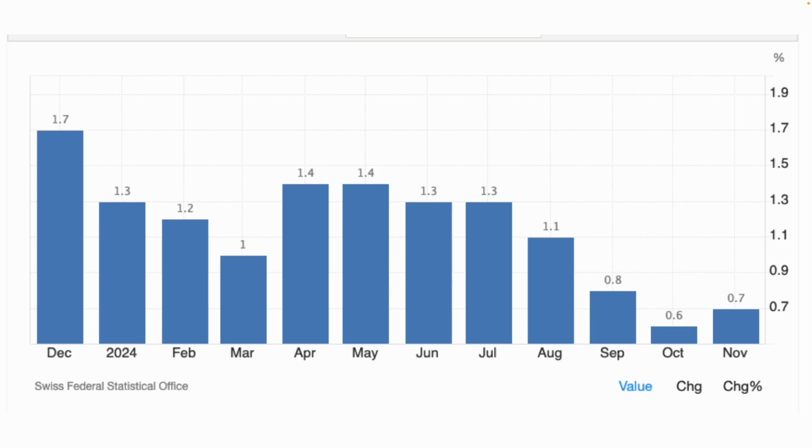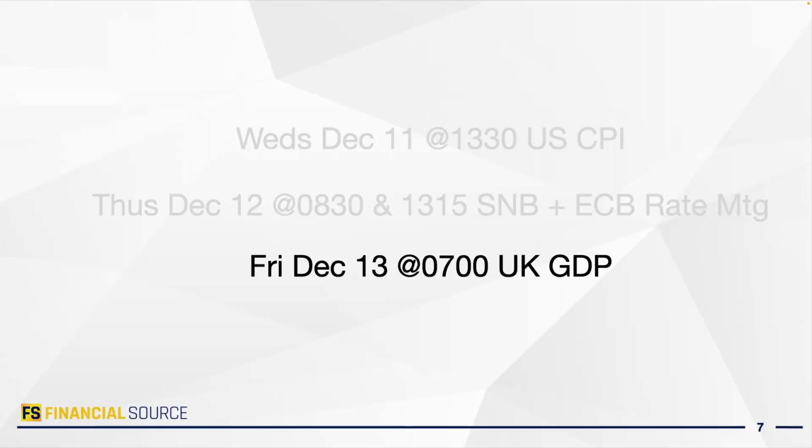Now, the next and final data point is the UK GDP print. Now, inflation data does remain key for the Bank of England, and the latest CPI print was hot, with the headline coming in at 2.3% year on year, and services were at 5% year on year.